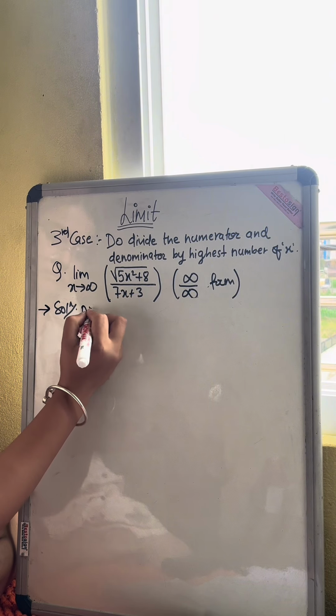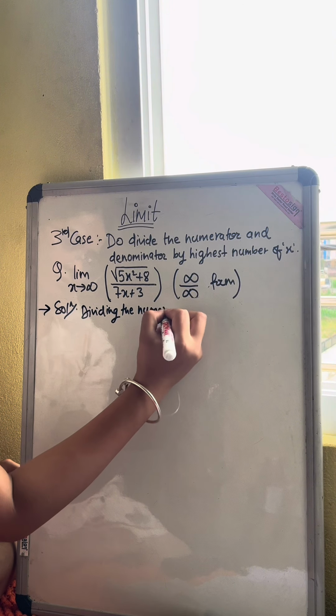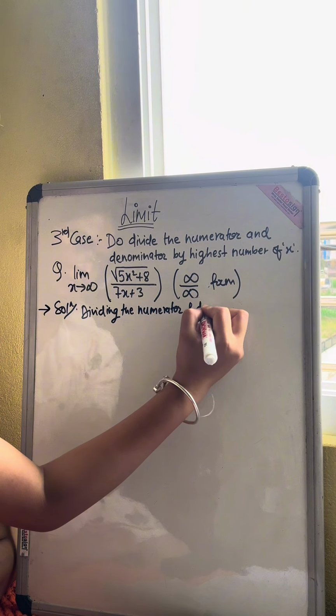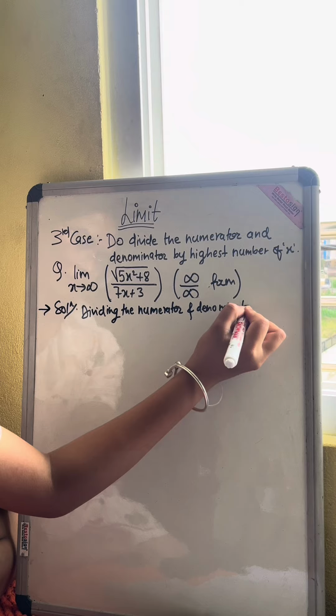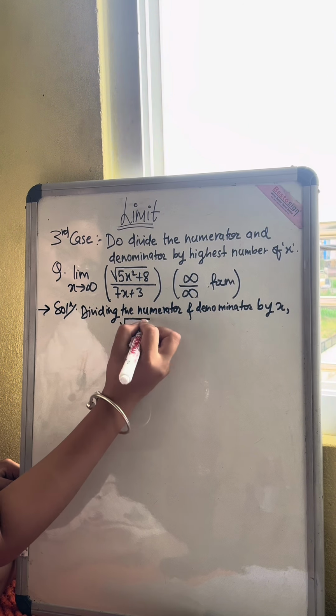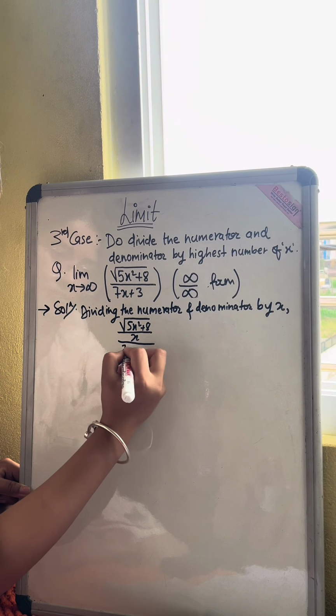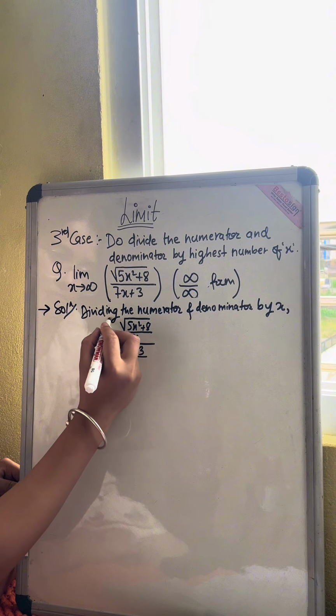Similarly, now doing another question of the third case, which is in the infinity form. Solution: dividing the numerator and denominator by x, which is the highest degree. Let's solve this.